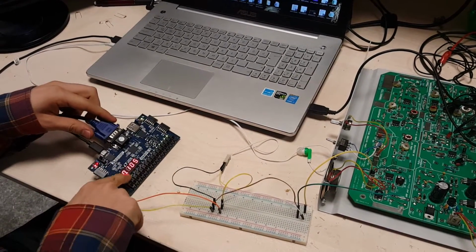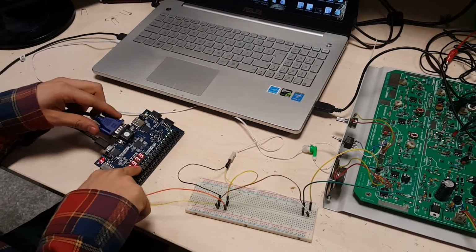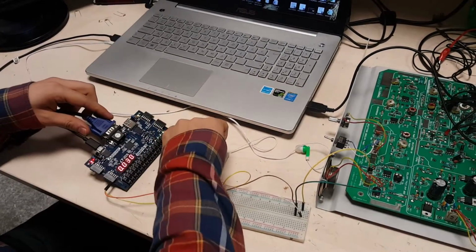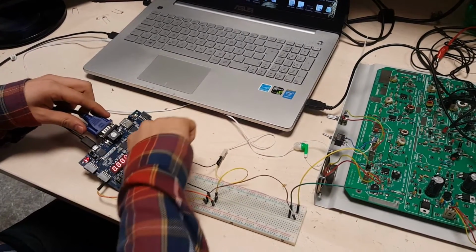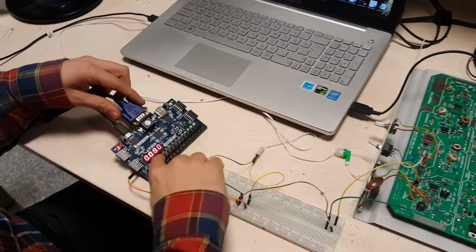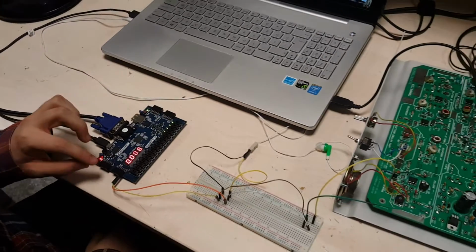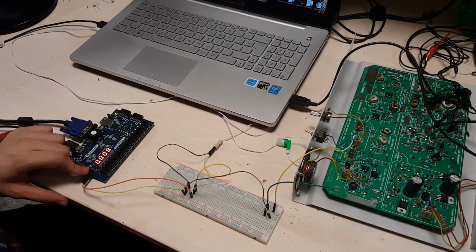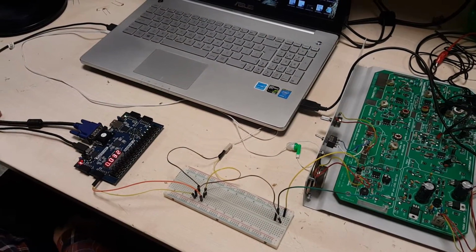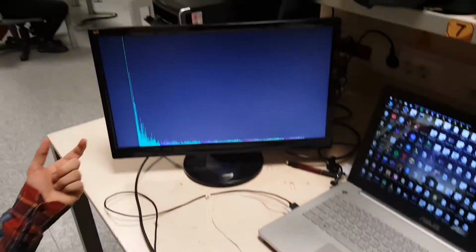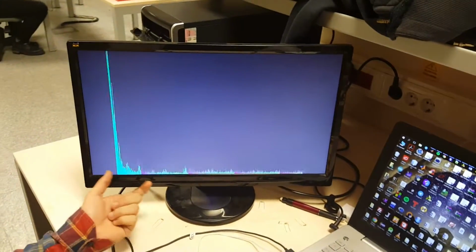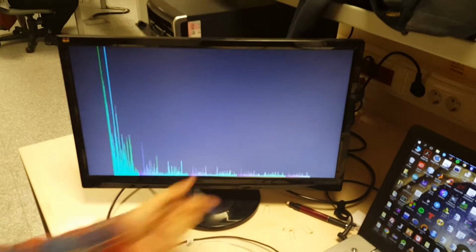You can see this 7-segment display shows the amplitude of the given signal, and these LEDs also show the amplitude of the given signal, and the processed data is sent through my VGA port. On my VGA, you can see the frequency spectrum of this data.